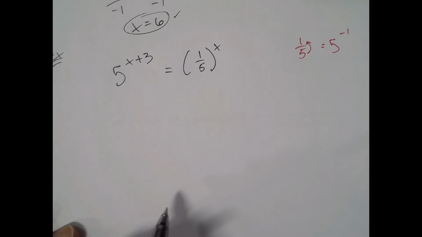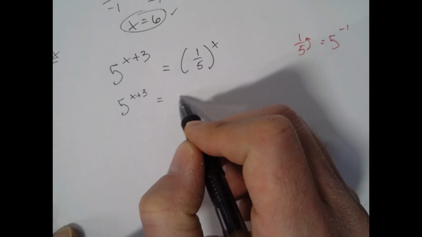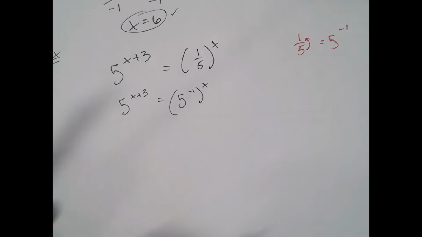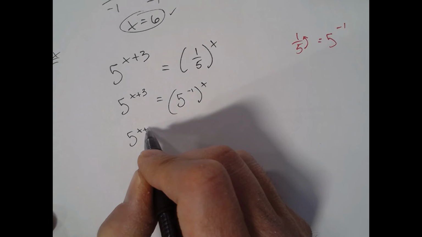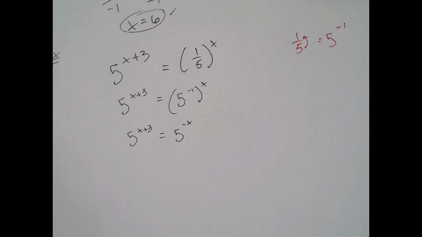So 5 to the x plus 3 equals 5 to the negative 1, to the x, and then you can multiply those exponents, so I get 5 to the x plus 3 equals 5 to the negative x. Alright, so that's the hard part. Now you can just set the exponents equal to each other and solve.